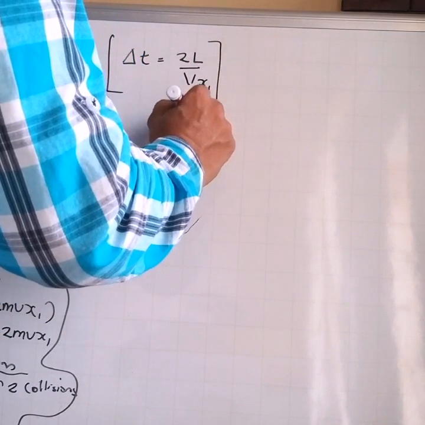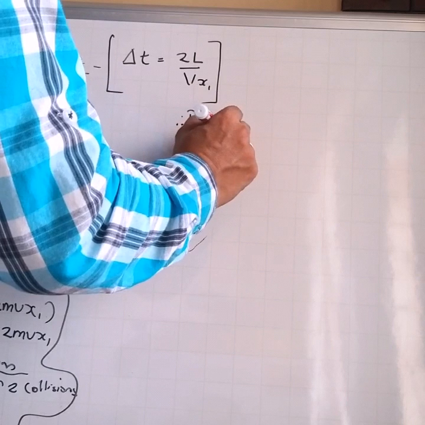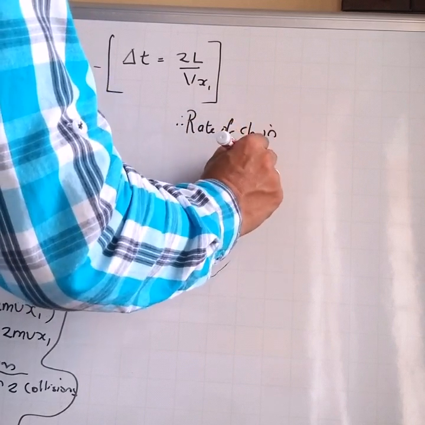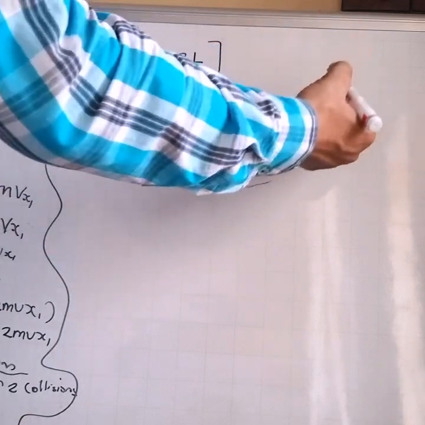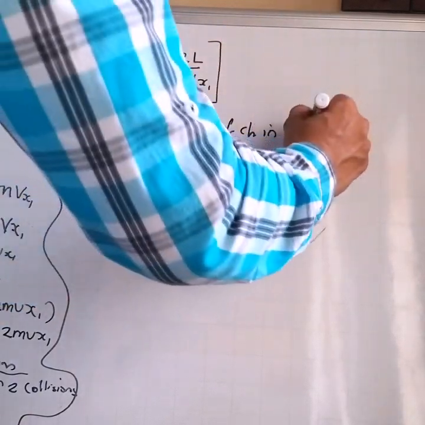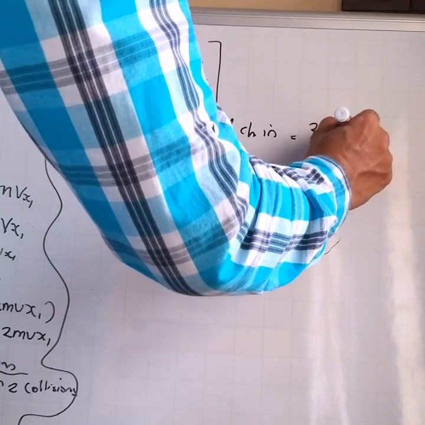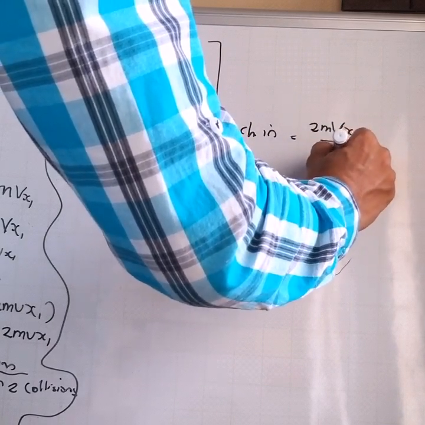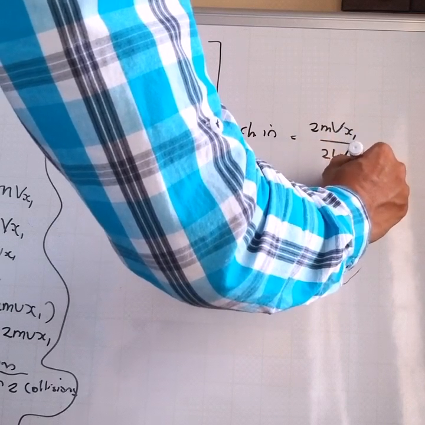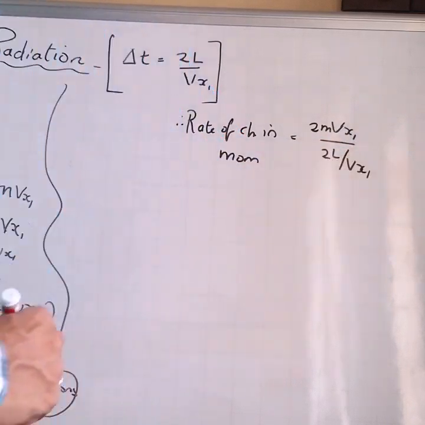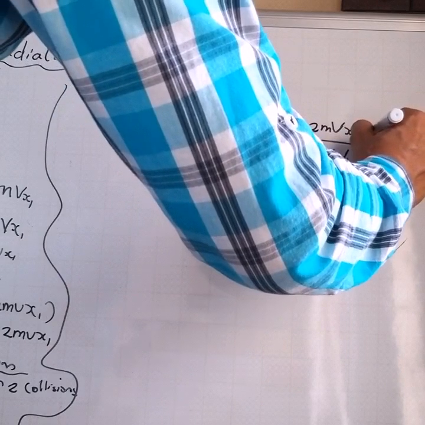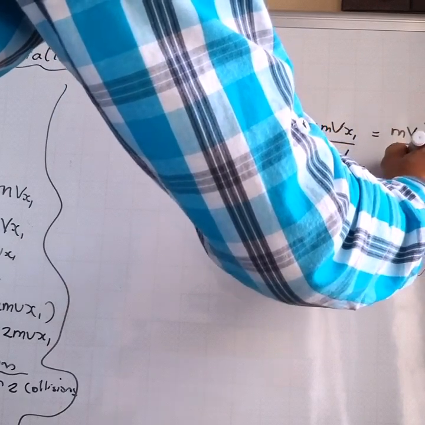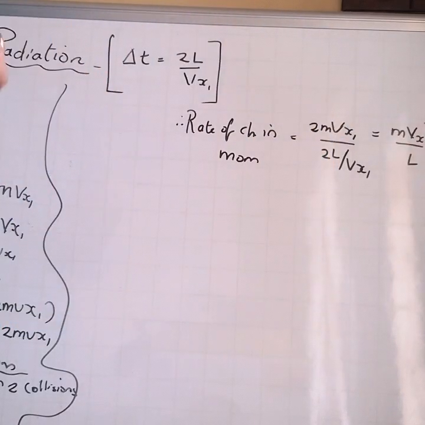Therefore, the rate of change in momentum will be the change in momentum upon time interval, and that will be 2mvx1 upon 2L upon Vx1, and that comes out to be mvx1 square upon L. Right?